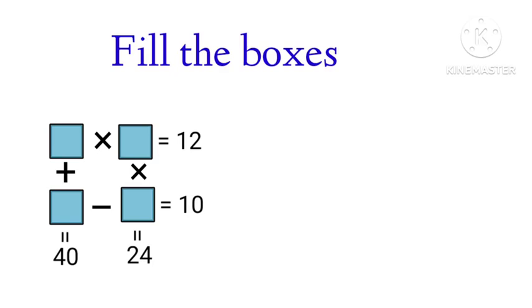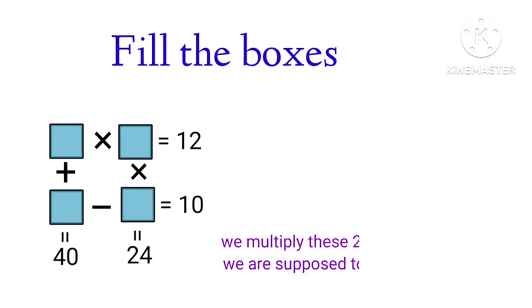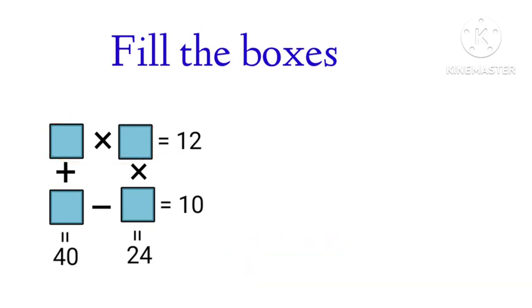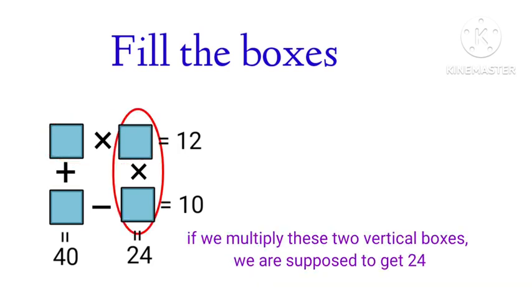Now I'm telling about how to fill these 4 empty boxes by using their values. We multiply these 2 boxes, we are supposed to get 12. If we multiply these 2 vertical boxes, we are supposed to get 24.